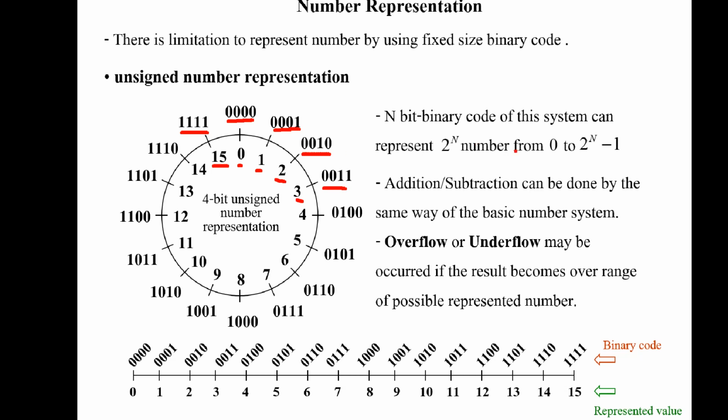That means for n bits, it can represent 0 to 2 to the power of n minus 1.